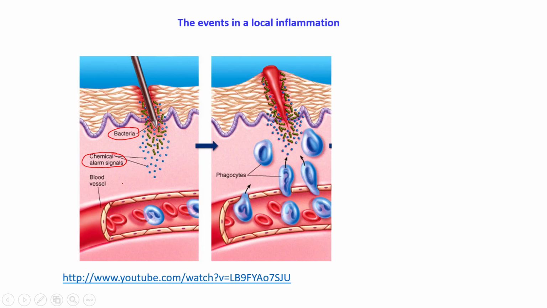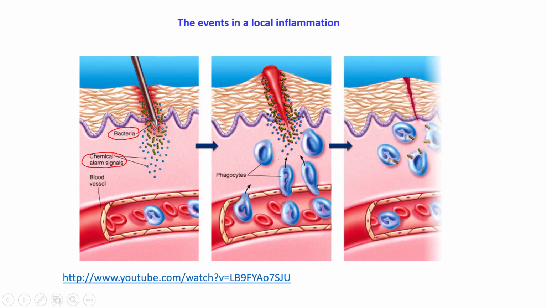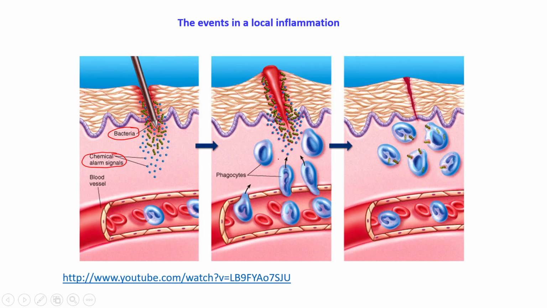And these white blood cells are able to squeeze out of the blood vessels, out of the veins or capillaries. They're able to squeeze out and migrate into the tissues, these phagocytes. And this is for the purpose of allowing the phagocytes to do their job.